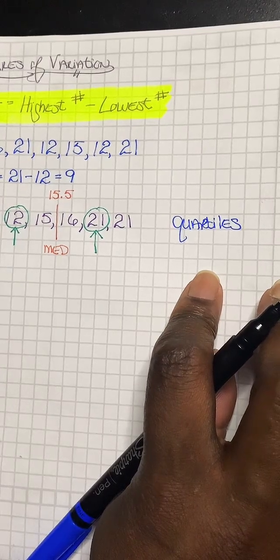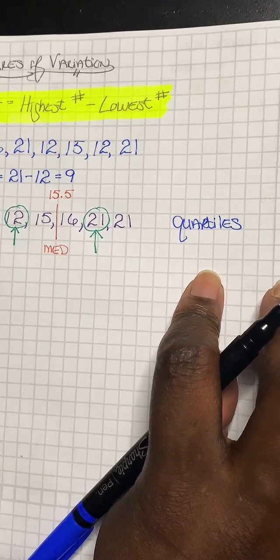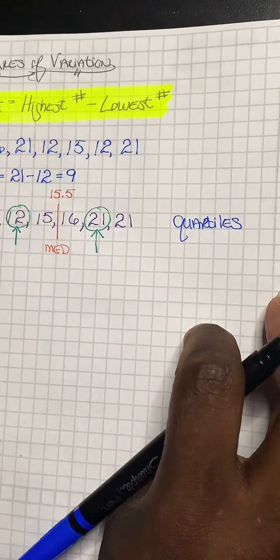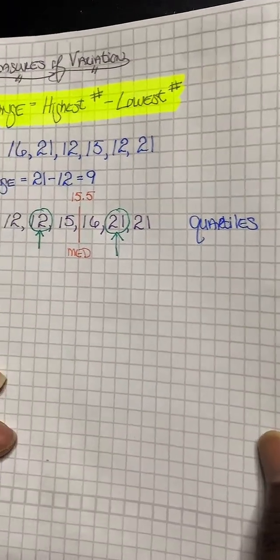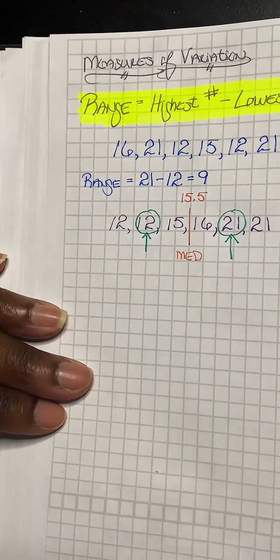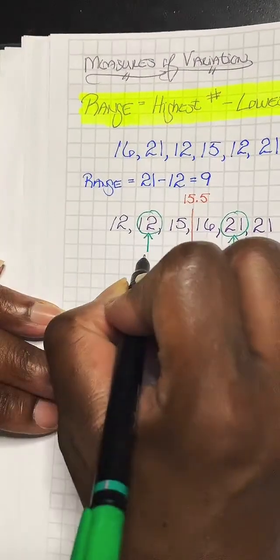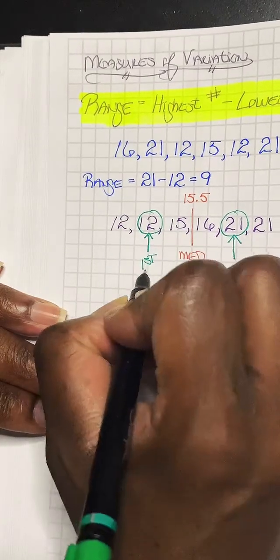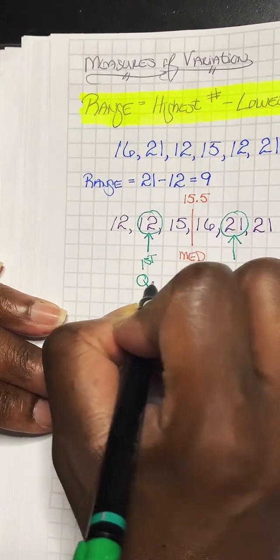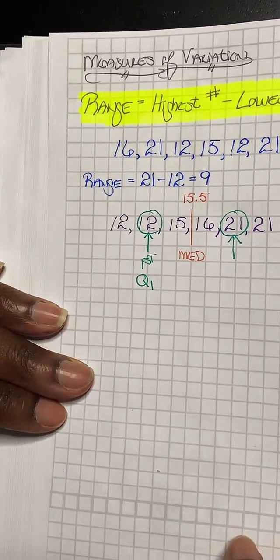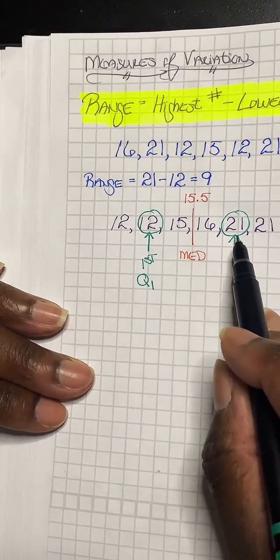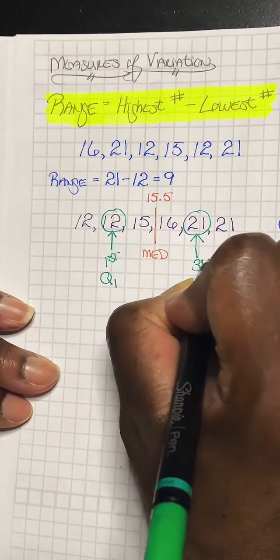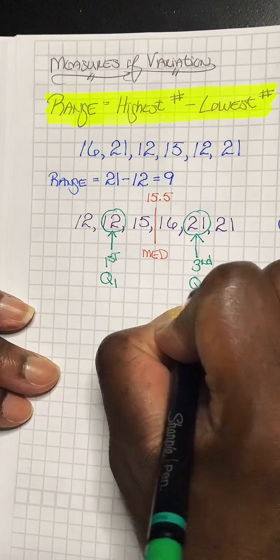Think about a whole dollar. It takes 4 quarters to equal $1. If you think of this data set as $1, this first number here is called my first quartile, or Q1. The 21 is called my third quartile, or Q3.